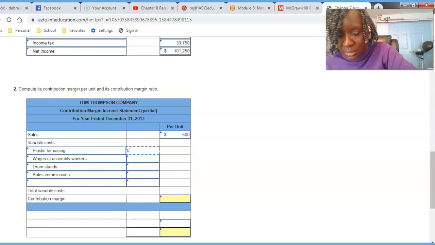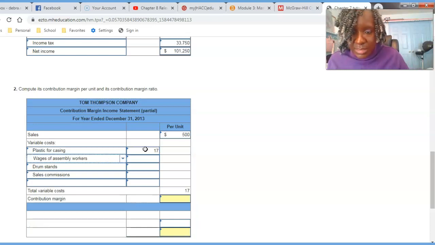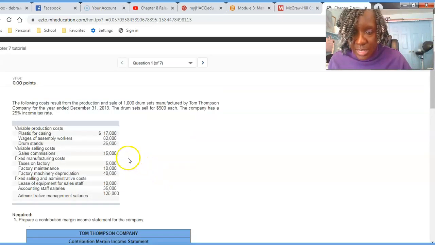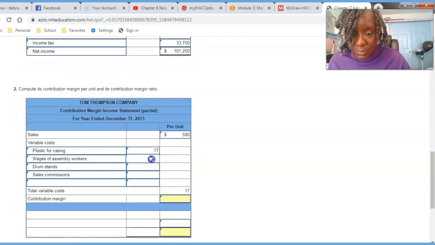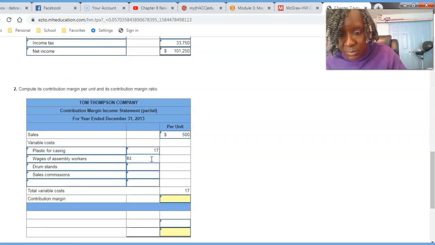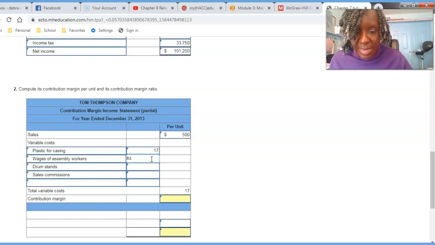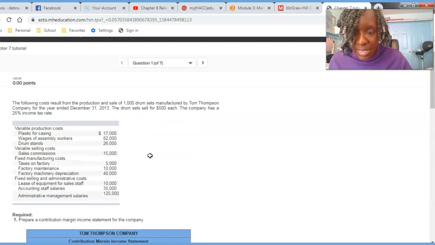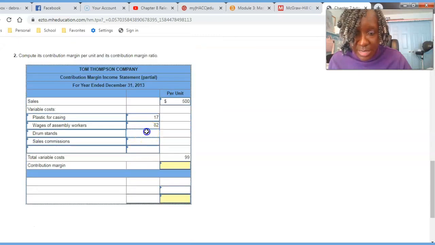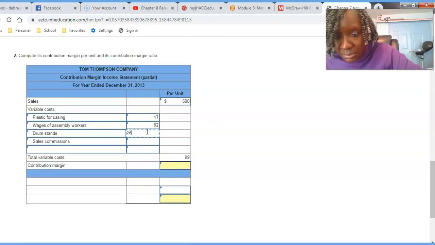The next step is to take the $82,000 and divide it by the 1,000 units, and I get $82 per unit. Then we do the exact same thing with the drum stand, the 26,000 divided by the 1,000, and that gives us $26 per unit.